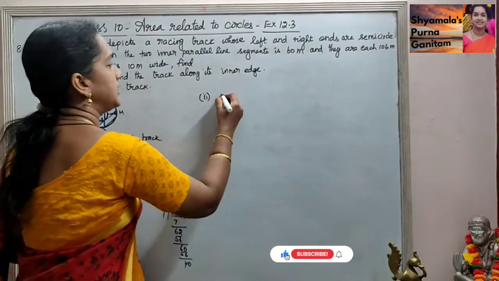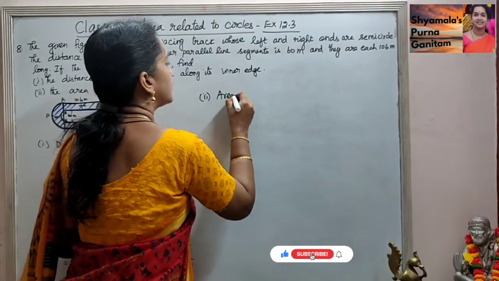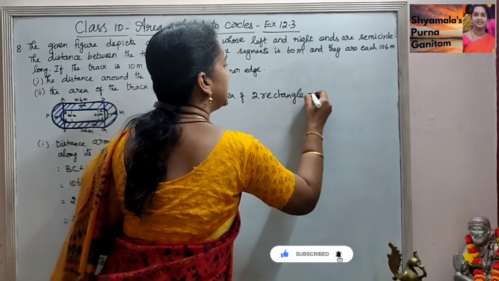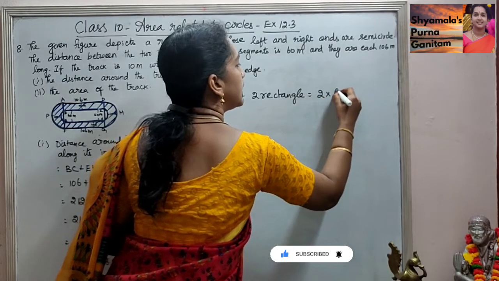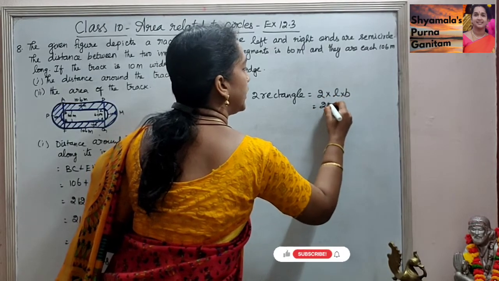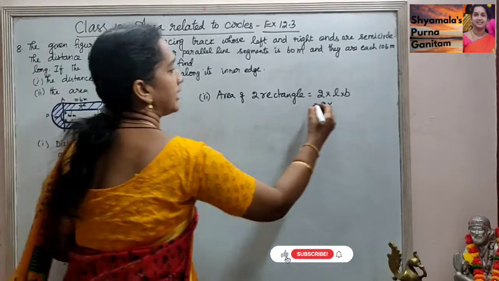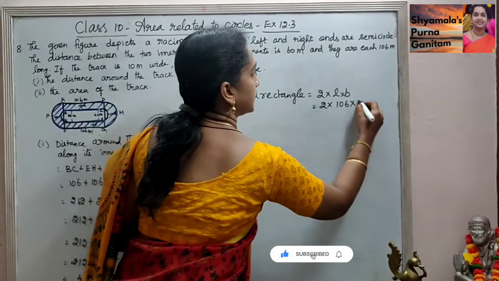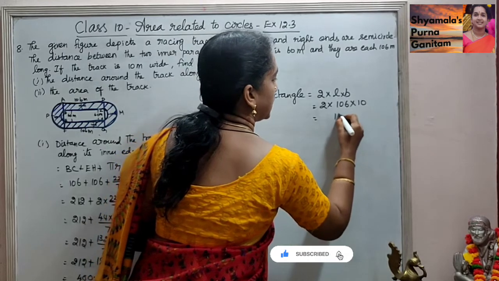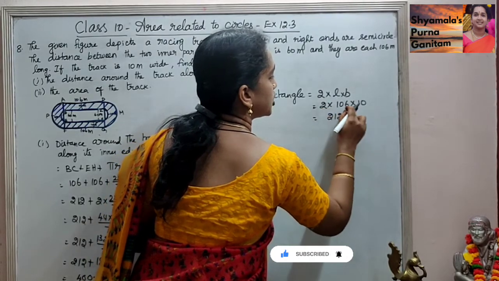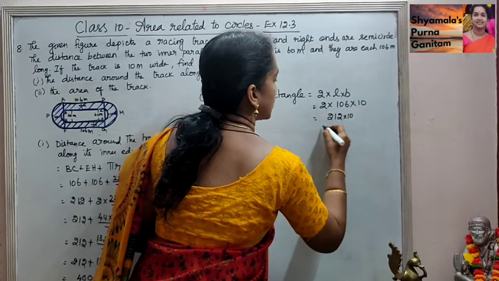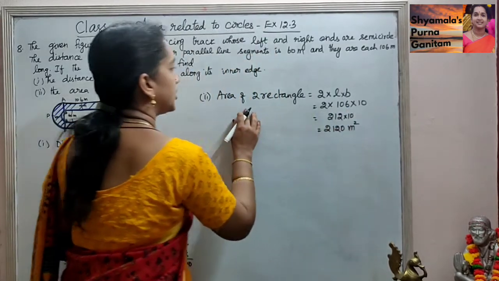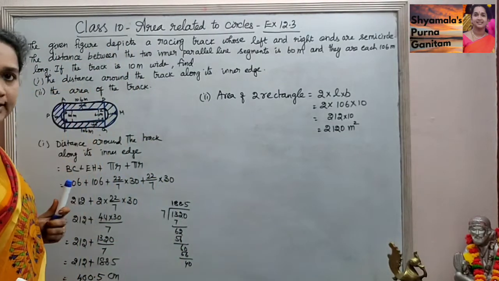So the area of 2 rectangles is 2 into L into B, that is 2 into 106 into 10, which is 212 into 10, so we get 2120 meter square.